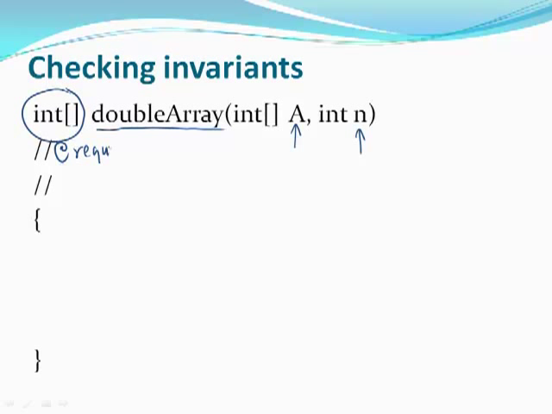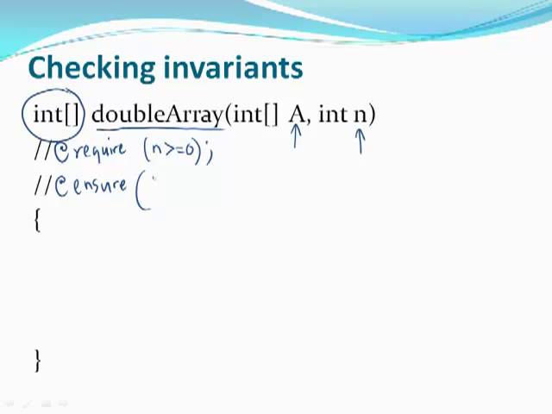Now what does this require? This requires n to be perhaps greater than or equal to 0. If n equals 0, we know that the array is empty, or it doesn't have anything in there. Okay, we'll talk about those things in detail. But what we ensure, what our first condition is, what?